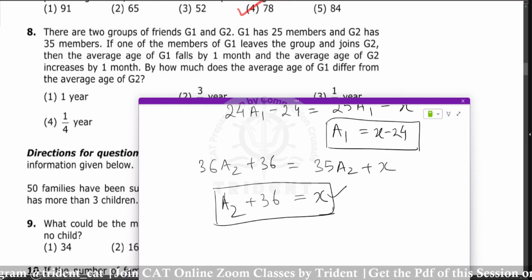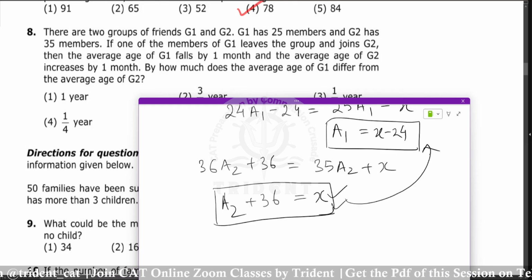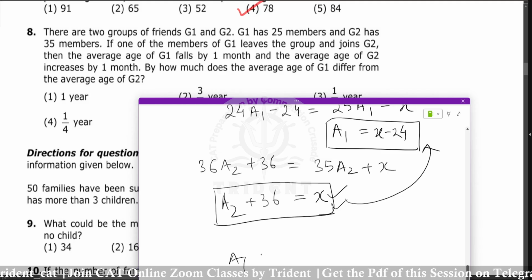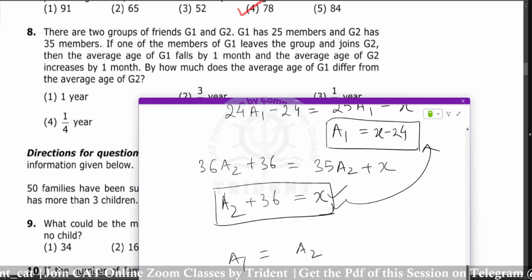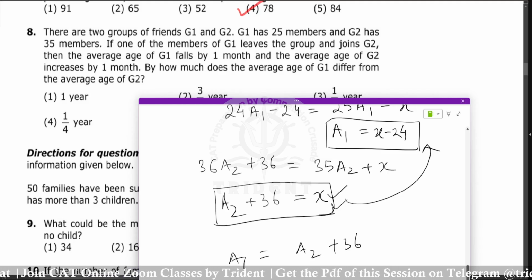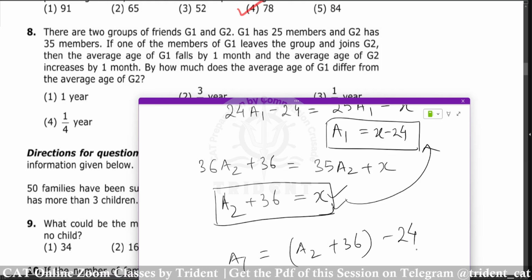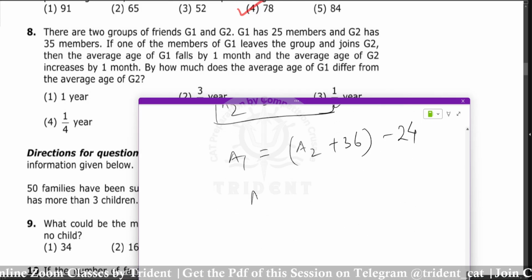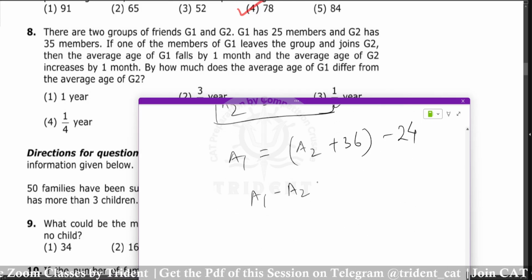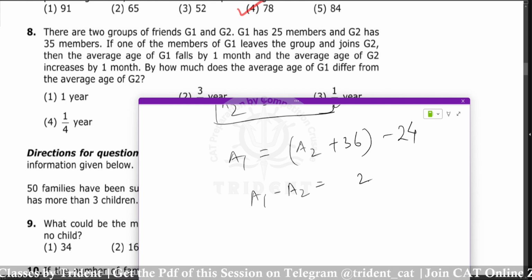Let us substitute for x in this equation. So a1 is equal to a2 plus 36 minus 24. Make sense? Okay. So a1 minus a2, 36 minus 24 is 12.